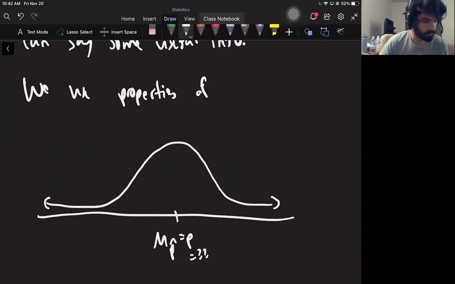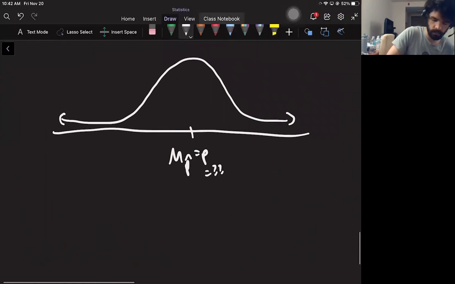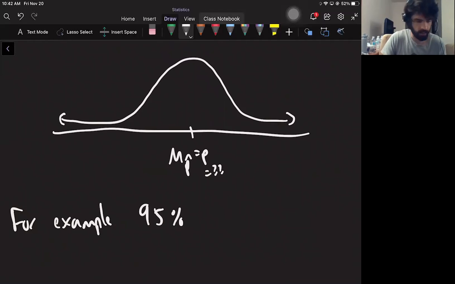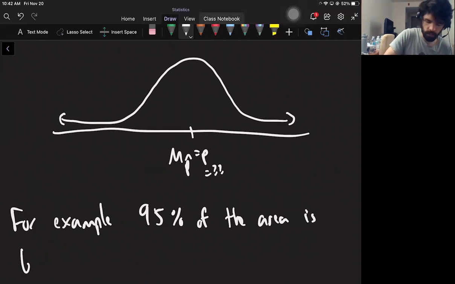So for example, what's a nice property of this? 95%, because it's a normal distribution, 95% of the area is between these two z-scores.